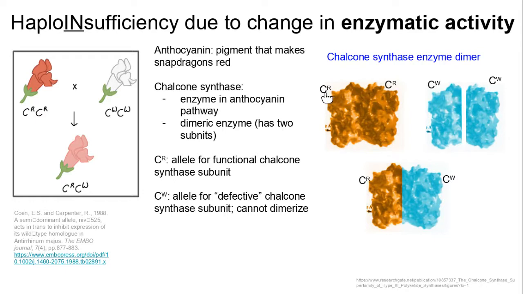So you have the functional subunit of chalcone synthase here, and here's the other functional unit. It makes one enzyme that works well. And here you have a white subunit and a white subunit, meaning the enzyme doesn't work, this one doesn't work. So two parts that don't work, they don't work at all.